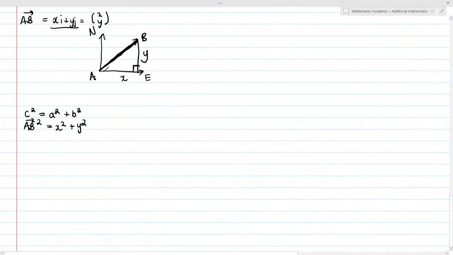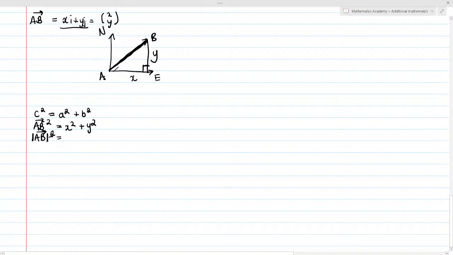Now, what I've written here is not quite correct. The convention is not to write just AB arrow squared. What you do is you write AB within two vertical bars, like an absolute value, and then you still put the arrow, and you put the square to the right of these two vertical bars.